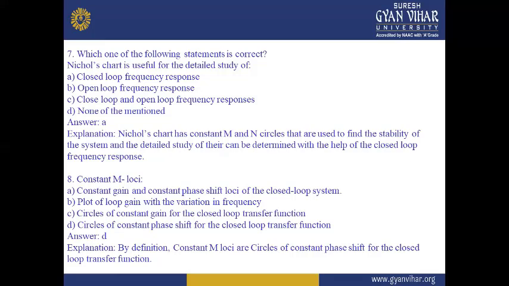The correct answer is the closed loop frequency response, because the Nichols chart has constant M and N loci, or circles, that are used to find the stability of the system, and the detailed study can be determined with the help of closed loop frequency responses. So the correct answer is A, closed loop frequency response is useful for the study.